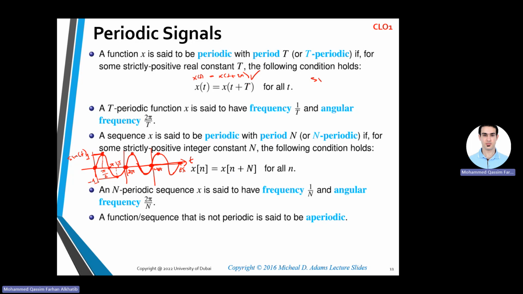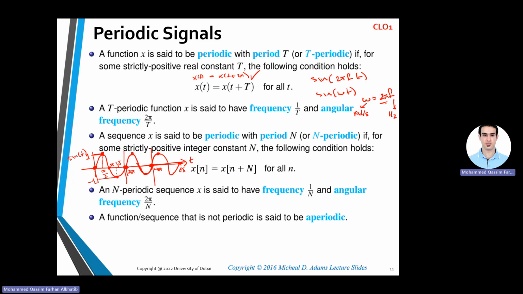So you either write sine 2 pi f t or sine omega t. Omega equals 2 pi f. This one, the unit is radian per second, and this unit is hertz. 2 pi is unitless. So angular frequency is in radian per second, omega, and the frequency f is in hertz.